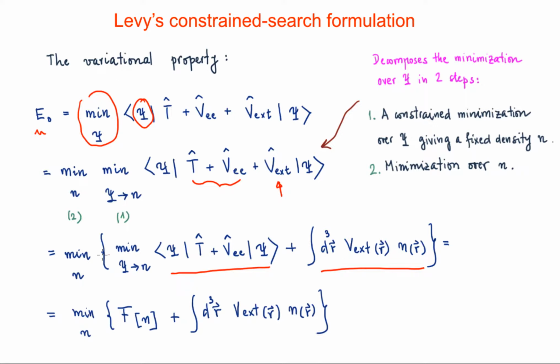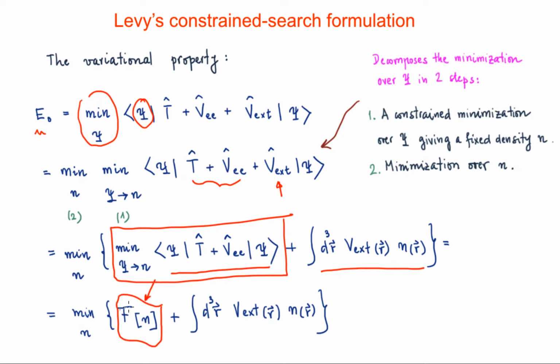As you can see, the first part is just the universal functional we previously defined, the universal functional of the electronic density. And the second term is also a function of the electronic density.